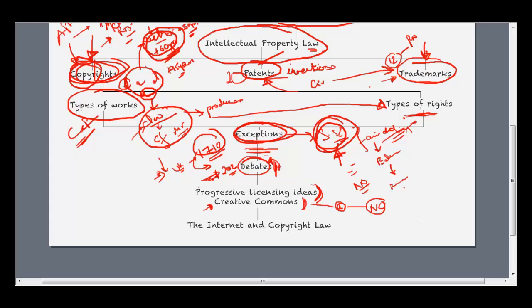So you could have an attribution and non-commercial license. You could also say that anybody else can pass on this work after recreating it and so on, as long as they use it under the same terms that I've licensed it, which is a share-alike license. So there's a lot of flexibility really that you have, and you could design your own Creative Commons license depending on how you intend your work to be used.